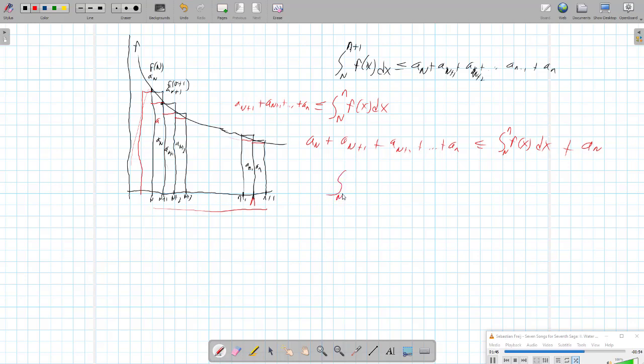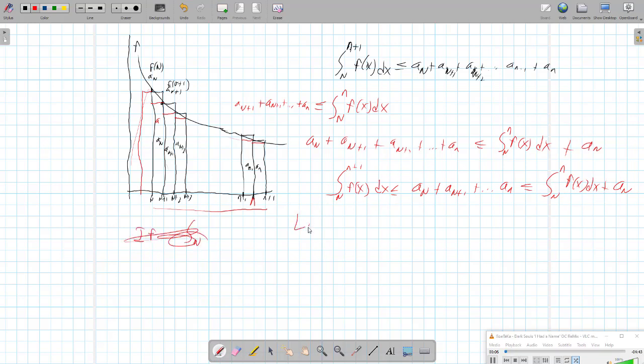The integral from capital N to n plus 1 of f of x dx is less than or equal to a sub n plus a sub n plus 1 all the way up to a sub little n. And that's also less than or equal to the integral from big N to little n of f of x dx plus a sub capital N. Well, that means you bounded it both above and below by the integral, and above by the integral and some finite number, but still.